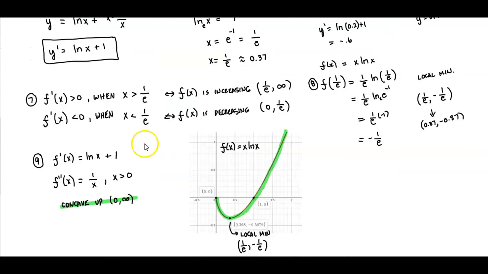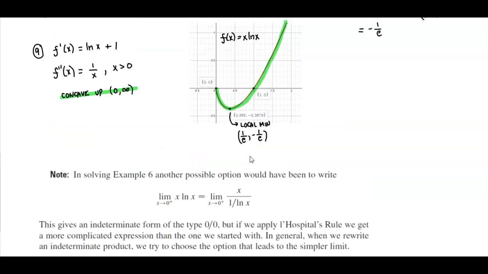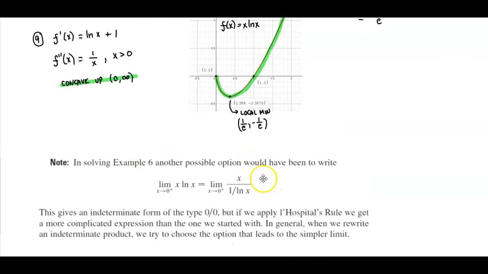Okay, but if we would have done that, this would give an indeterminate form of the type 0 divided by 0. If we apply L'Hopital's rule, we get a more complicated expression than the one we started with. So in general, when we rewrite an indeterminate product, we try to choose the option that leads to the simpler limit. So having the 1 over x in the denominator gave us a better way to be able to solve the problem as opposed to using the other way.